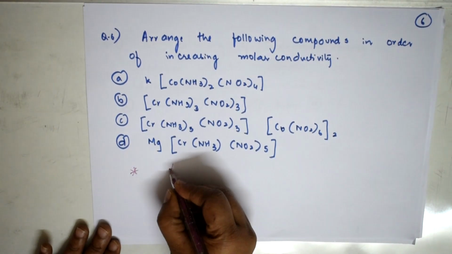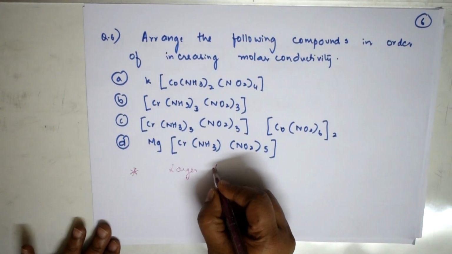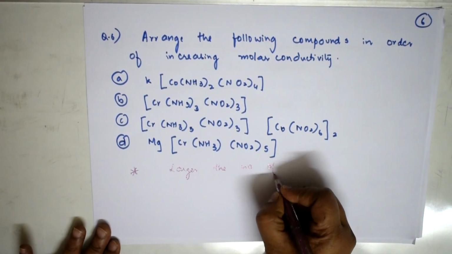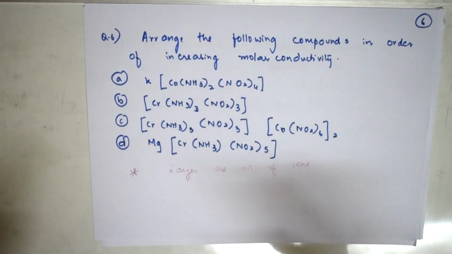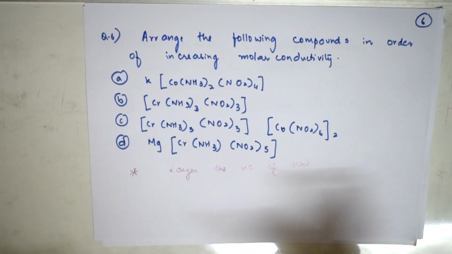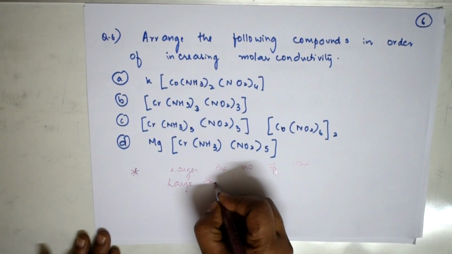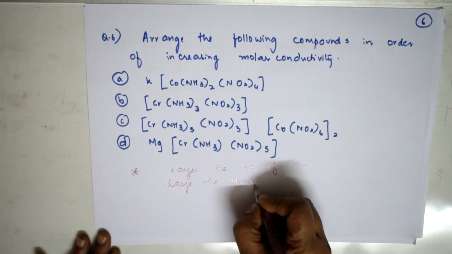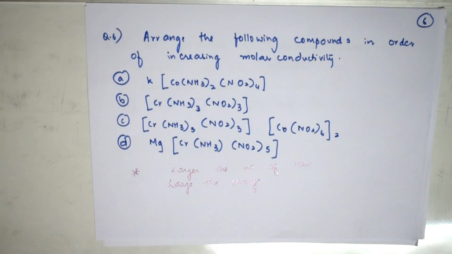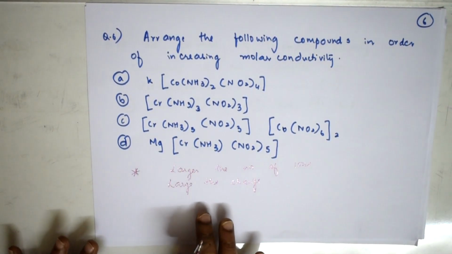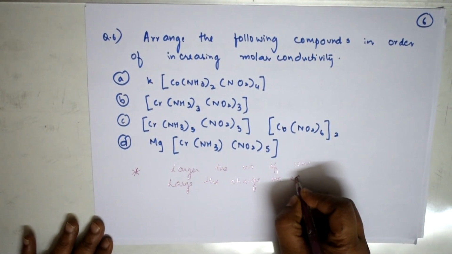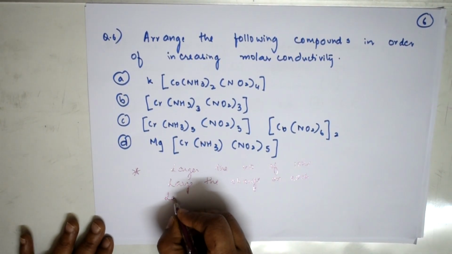Let's write. See here. Larger the number of ions, listen, ligands attached to the metal ion, remember, larger the charge. The number of ions are more, the mobility will be more, they start moving, so larger the charge on each. Then what will happen to the conductivity?